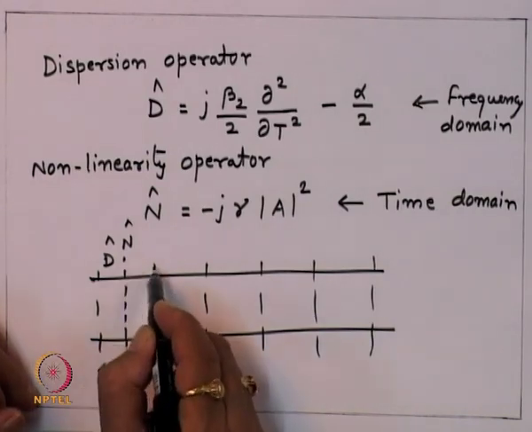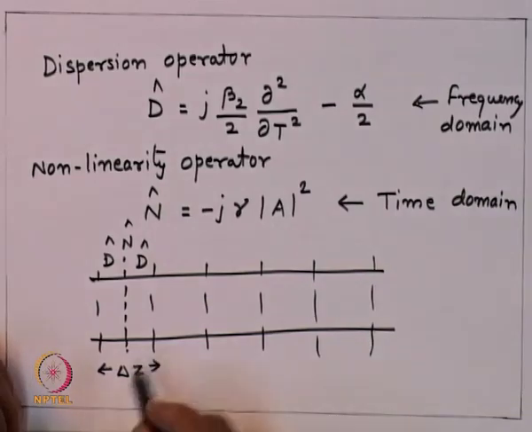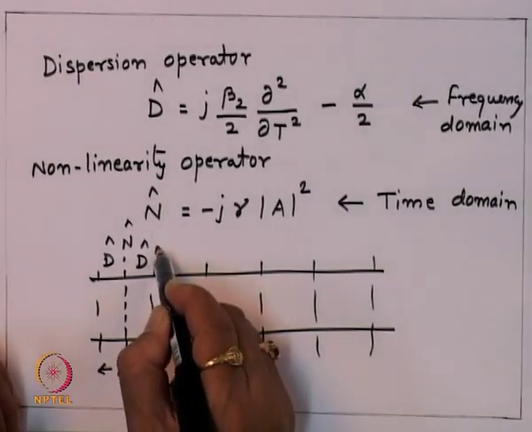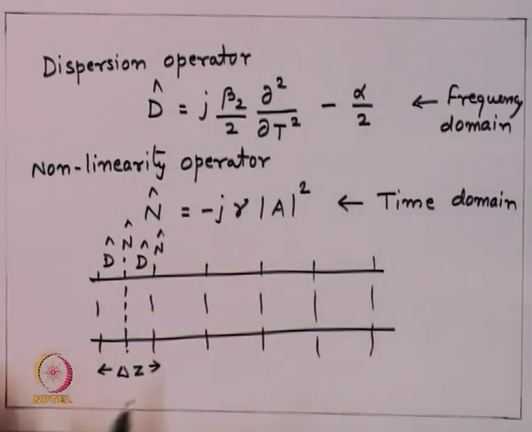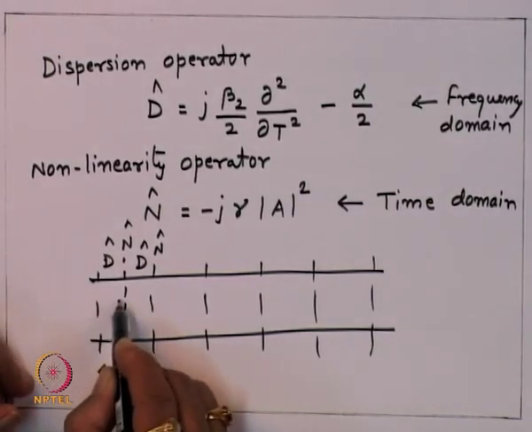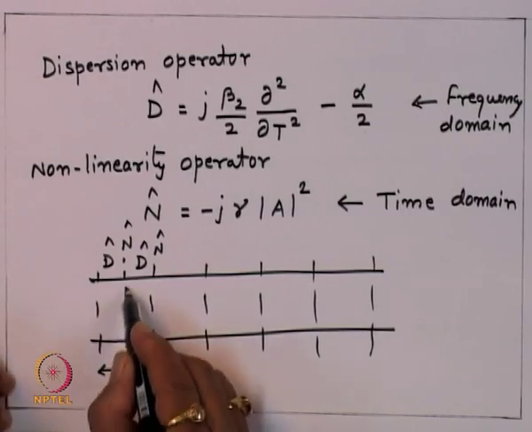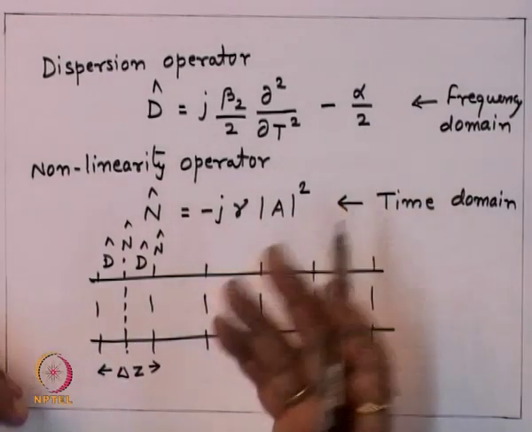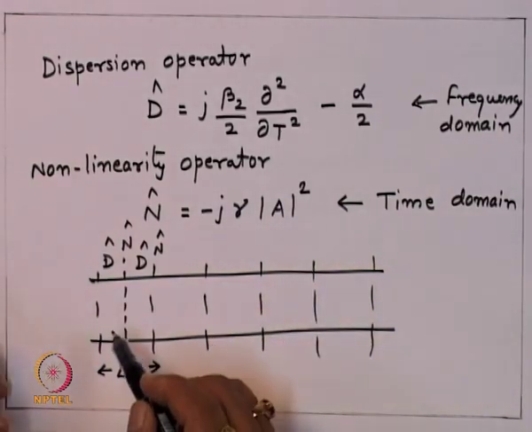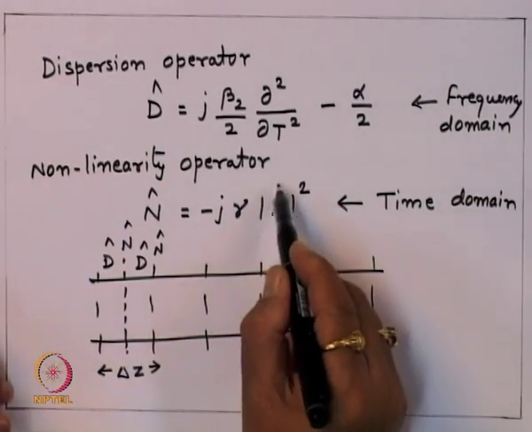Let the pulse evolve again for this distance with D cap, then apply the N operator. In this region you are solving the wave equation in the Fourier domain, the spectral domain, so you get a spectrum. When the spectrum is there, you come to this location, take a Fourier transform, and you get a time function. Once you get a time function, you apply this operator in the time domain, because now the time function is known.